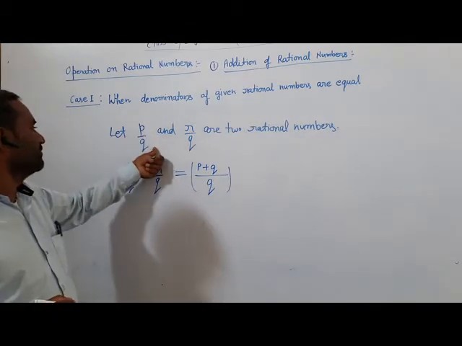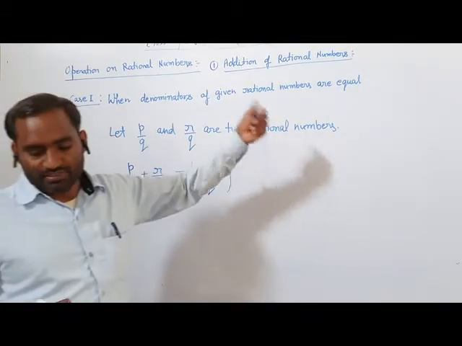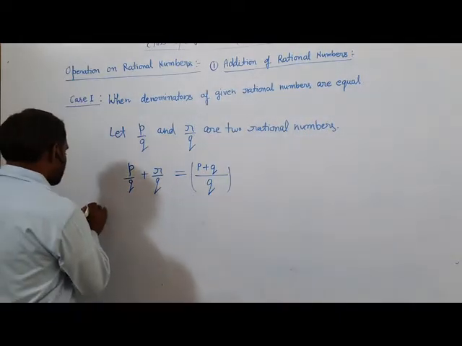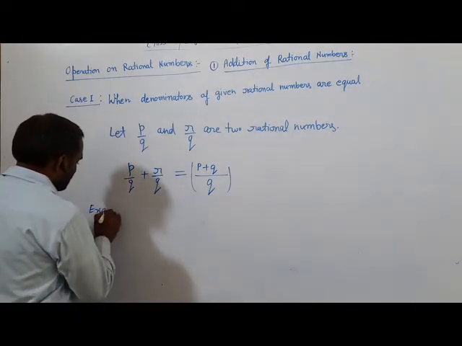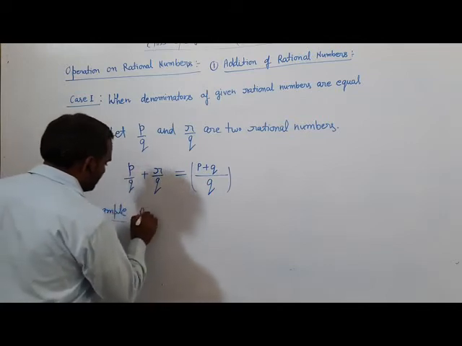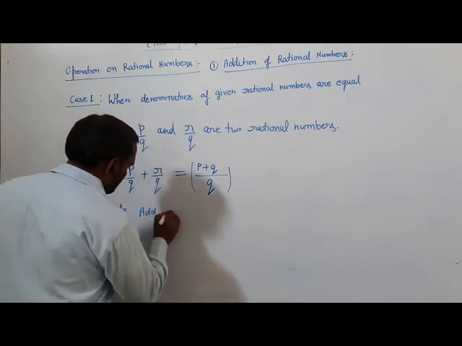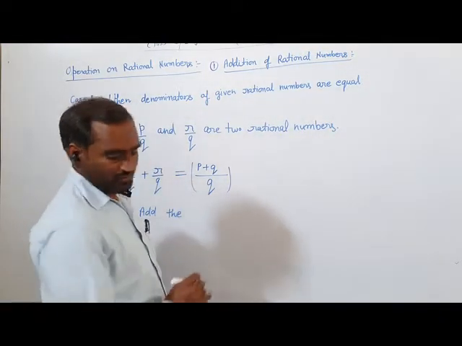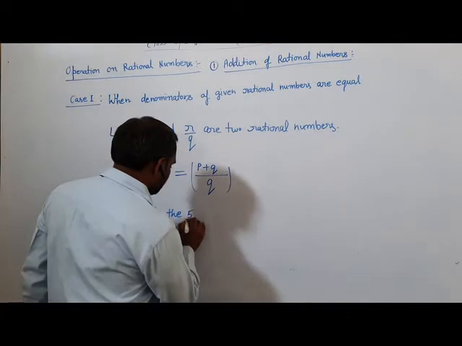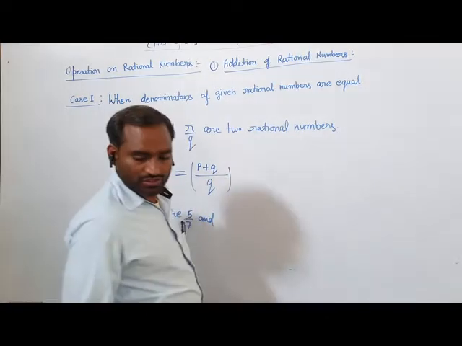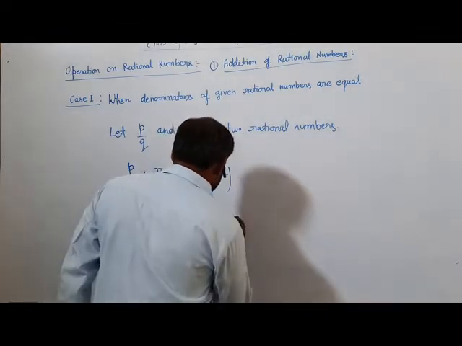Let us take an example. Add 5 by 7 and minus 2 by 7.